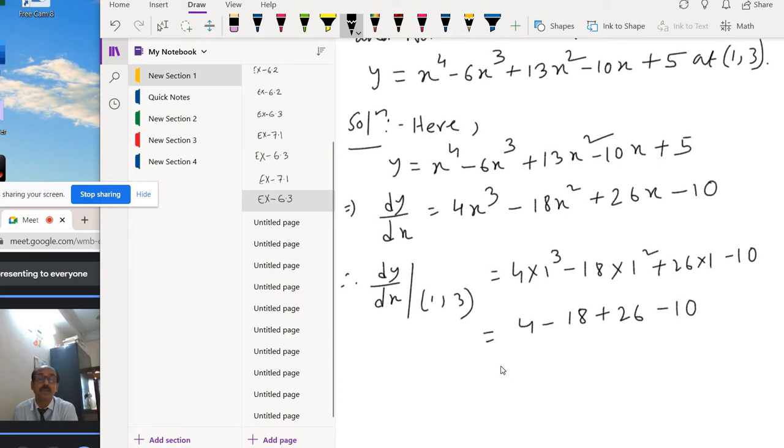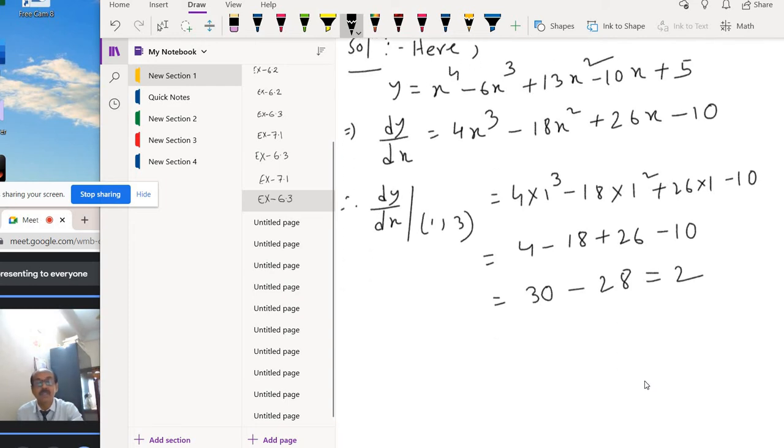So 26 plus 4 is 30, and 18 and 10 is 28, equal to 2. So dy by dx at x equal to 1 is 2. Therefore the slope of the tangent is 2.